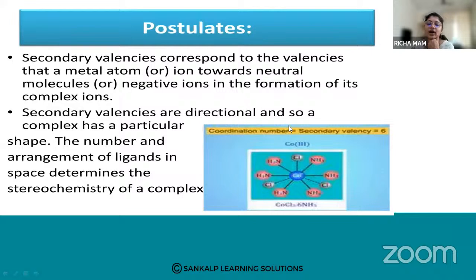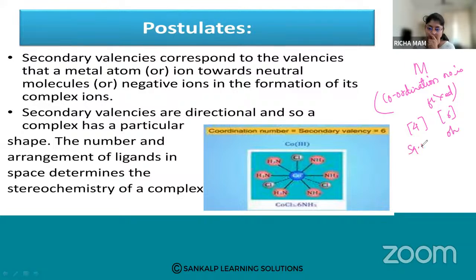The metal atom or the ion in the complex has a fixed secondary valency. That means the central metal atom present in the complex has a fixed coordination number. So either it will be a square planar complex, or with 6 ligands it will be an octahedral complex. These two possibilities are there. Secondary valency means the coordination number is fixed.